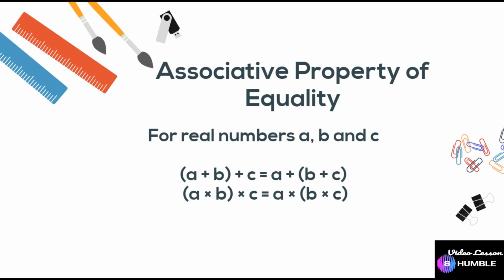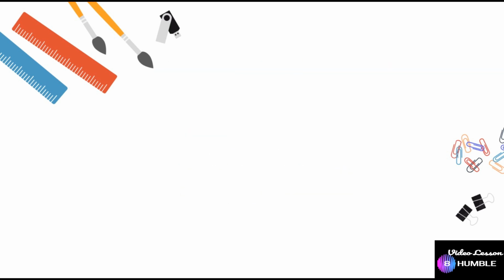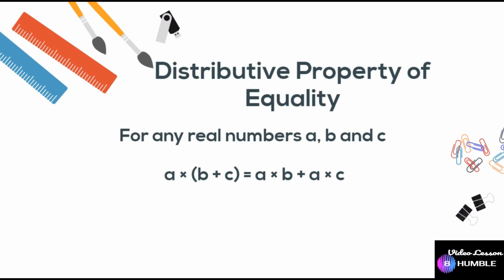For real numbers A, B, and C, A plus B plus C is equal to A plus B plus C. A times B times C is equal to A times B times C. Distributive property of equality. For any real numbers A, B, and C, A times (B plus C) is equal to A times B plus A times C.